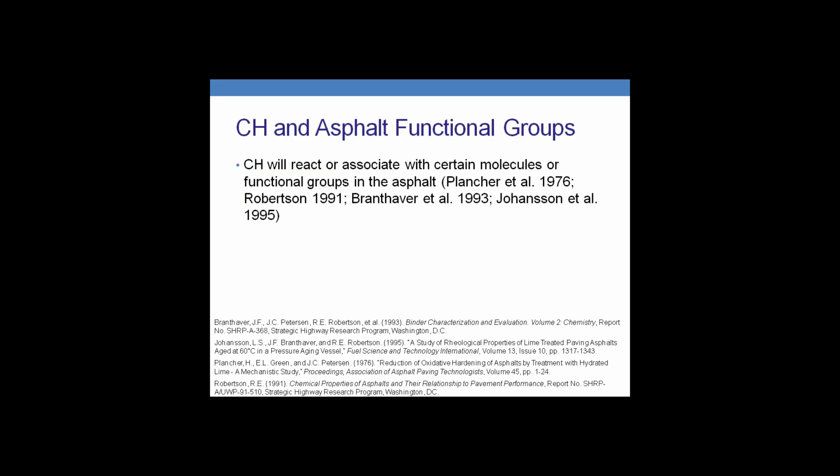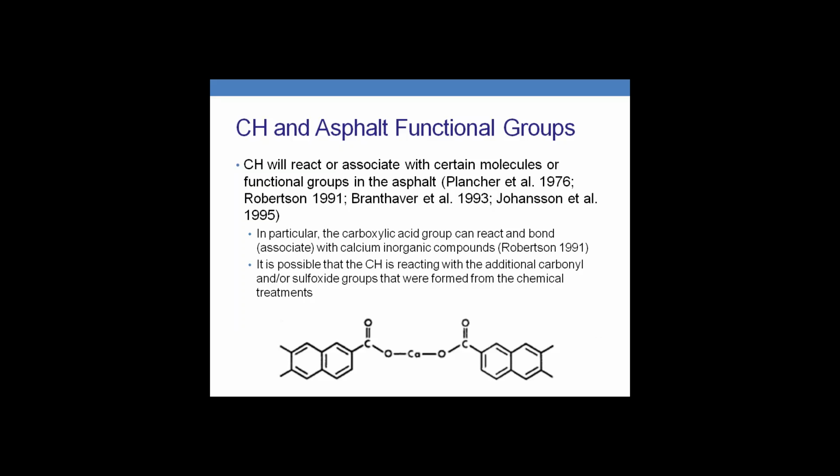They found that CH does react or associate with certain functional groups in the asphalt, particularly carboxylic acid groups. So that's suggesting that maybe we're adding more carbonyl sulfide groups to the asphalt now. We're getting smaller CH particle sizes, so maybe it's skewing away some of that calcium at the interface. That's all just speculation. A lot more studies are needed, but it's suggesting that something is going on.